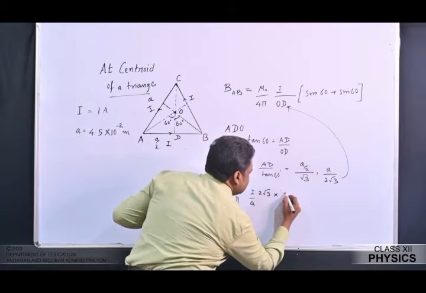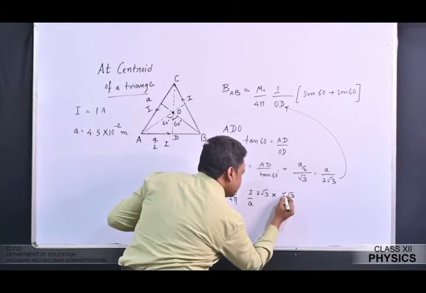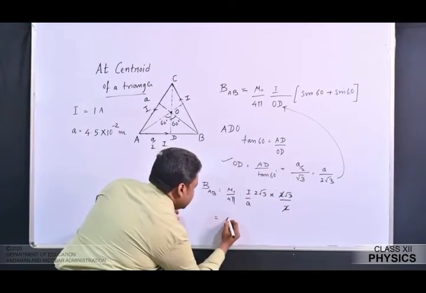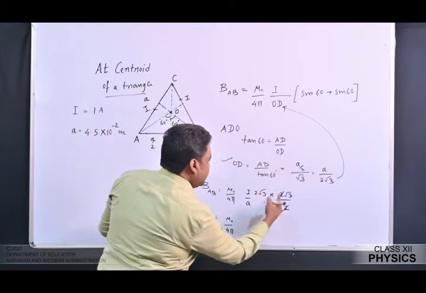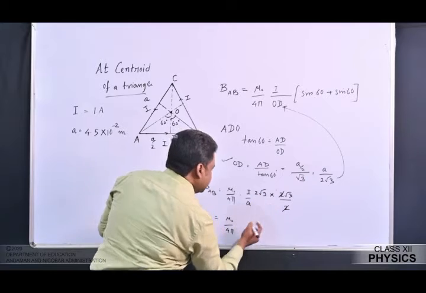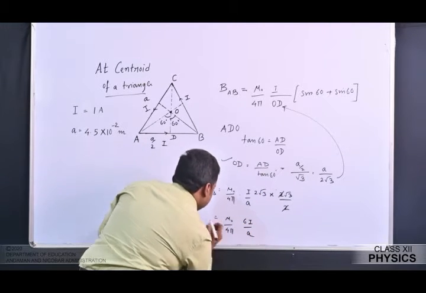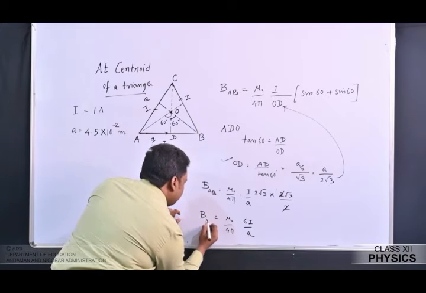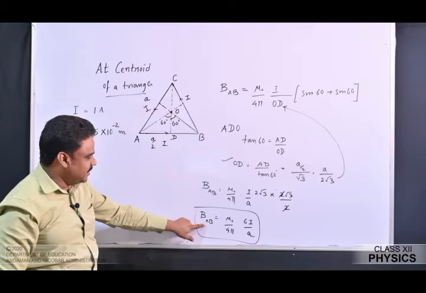You are able to see this 2 cancels off. On reduction, mu naught by 4 pi, root 3 into root 3 is 3, 2 threes are 6. So I can write 6I by A. This is the contribution of one side of the equilateral triangle.